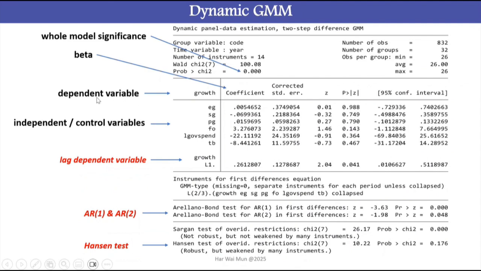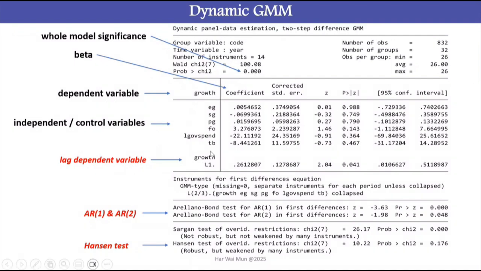Then the dependent variable is growth, then independent variables and control variables. 1, 2, 3 are independent variables, then 4, 5, 6 are control variables, right? Then you see L dot, this one is the growth lag; the lag dependent variable is this one. From here you notice that the lag dependent variable is significant. It's not surprising, it's a good result, right?